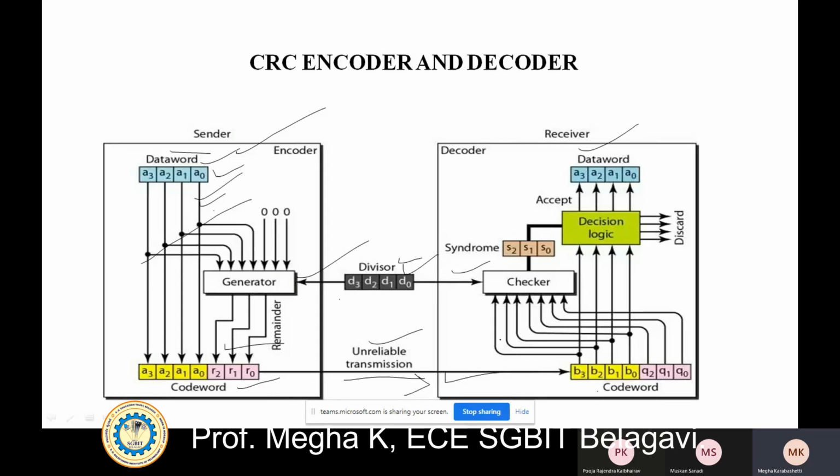By using the key and code word, it calculates the original data word, and it also finds whether there is an error or not. If there is an error or corruption, it will discard the packet. If there are no errors, it will accept the packet. This is exactly what happens in the encoder and decoder.